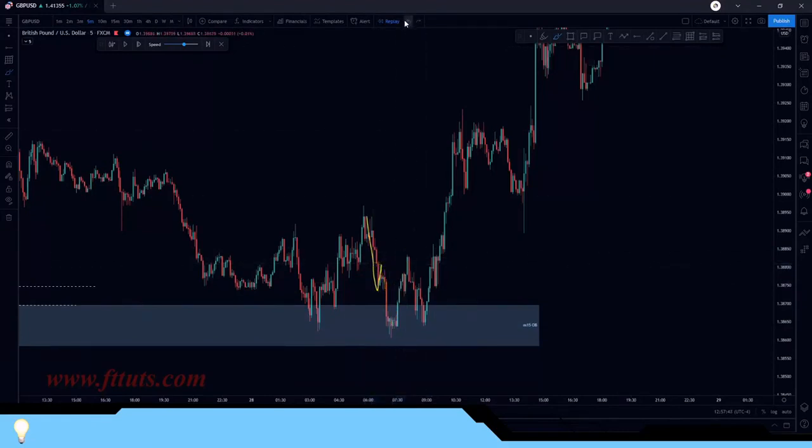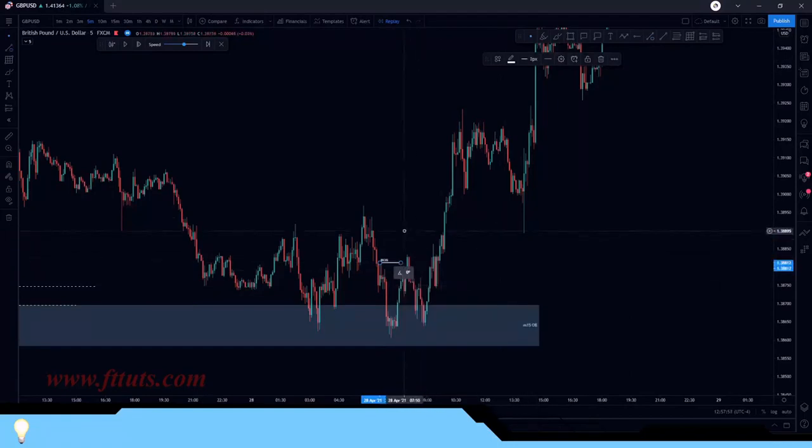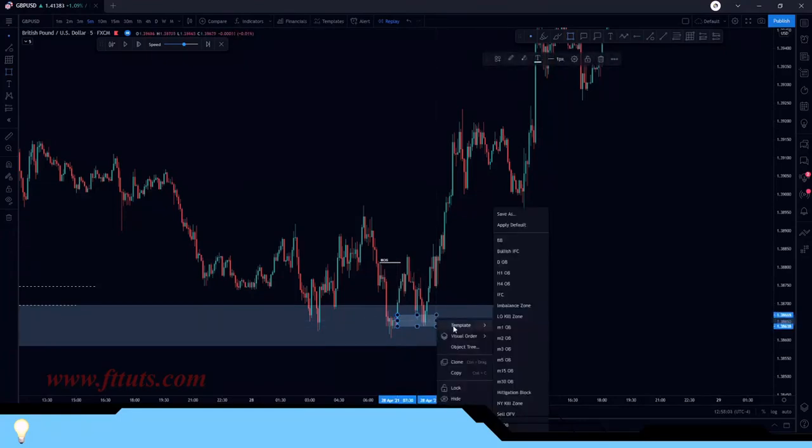So we have right here a break of structure to the upside. This is your bullish break of structure, and we'd expect price to come back to this newly created fractal order block as a confirmation of a confirmation entry, right?